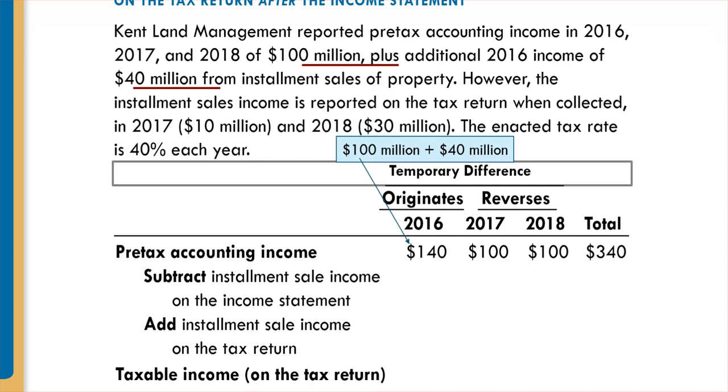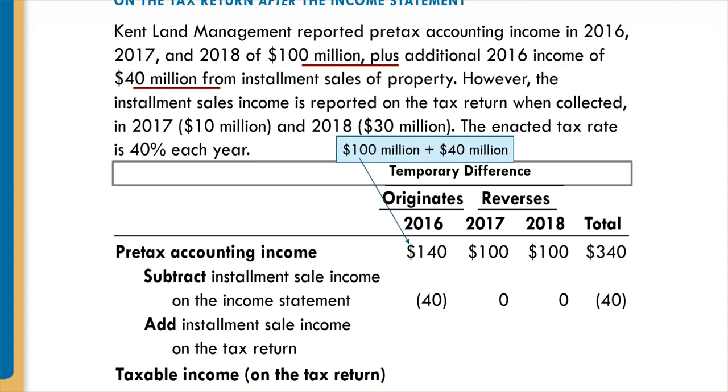So when we do our taxes, it's appropriate for us to subtract out the 40 million that were installment sales, because they are not going to be taxed when it shows up on our tax return. It might be helpful to think of it as accrual basis in pre-tax income, and taxable income is cash basis.